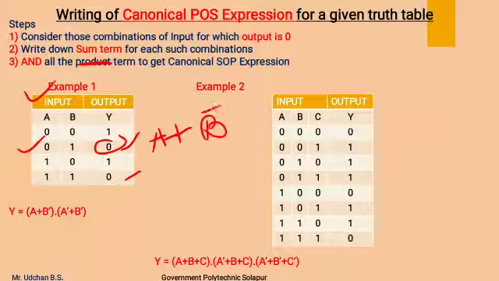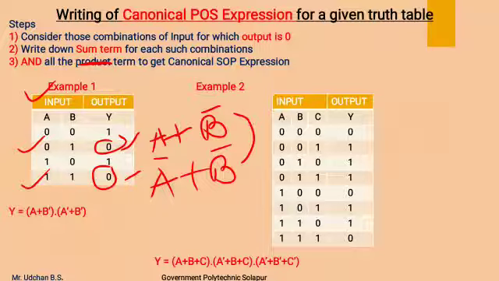So the sum term will be A plus B bar. For this 0 the input combination is 1 1, so the sum term will be A bar plus B bar. Now I am going to AND these two sum terms to get the expression in canonical POS form.